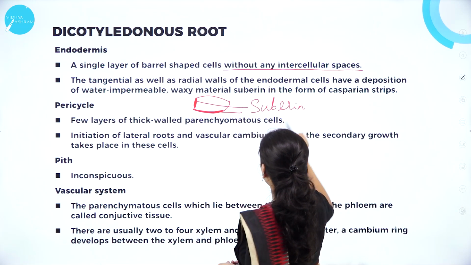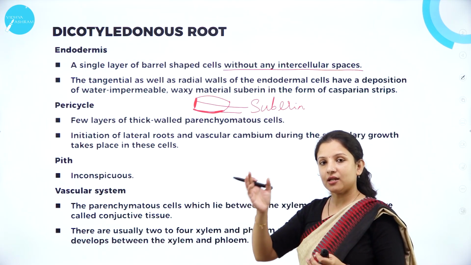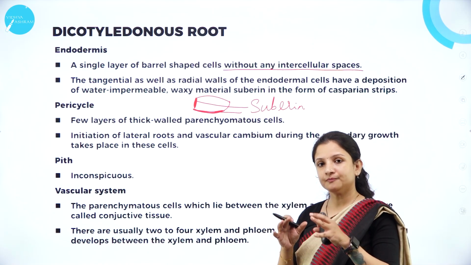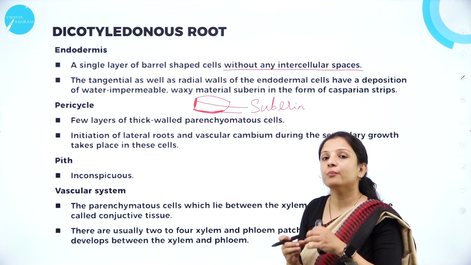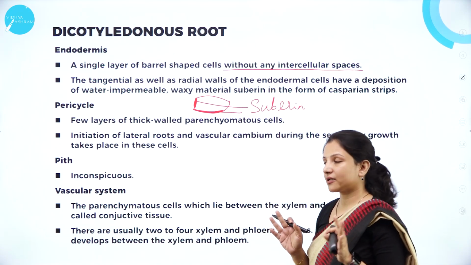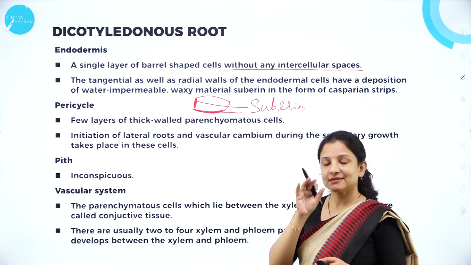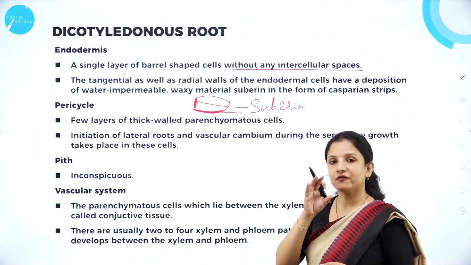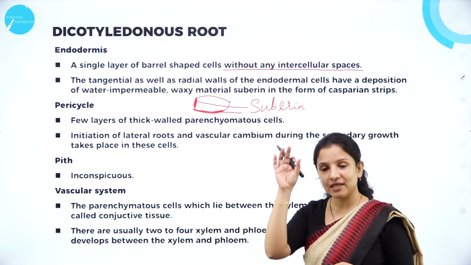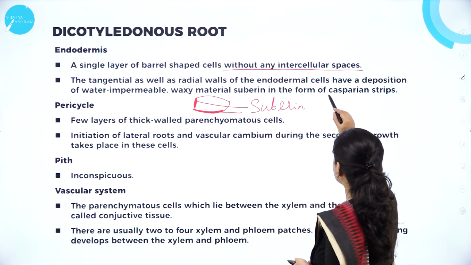There is a compound called suberin that gets deposited in the tangential as well as in the radial wall of the endodermis, and that is why they are compactly placed. They do not have any space between the parenchyma cells. Therefore, those parenchyma cells in the endodermis of the dicotyledonous root having suberin deposition in the tangential as well as the radial wall, it is called the Casparian strip.